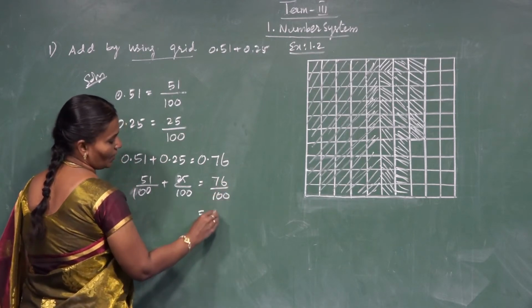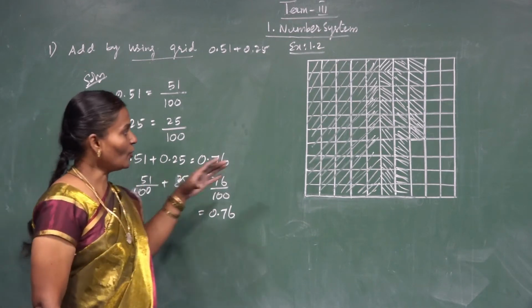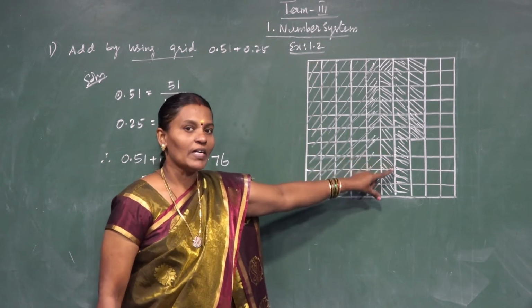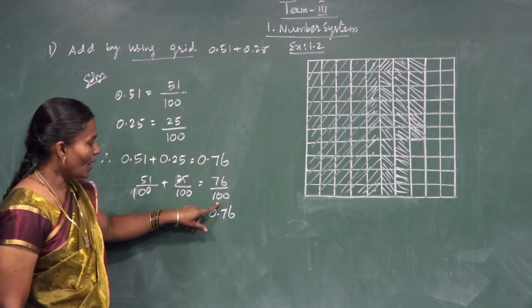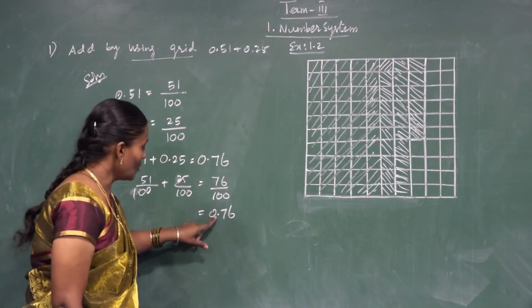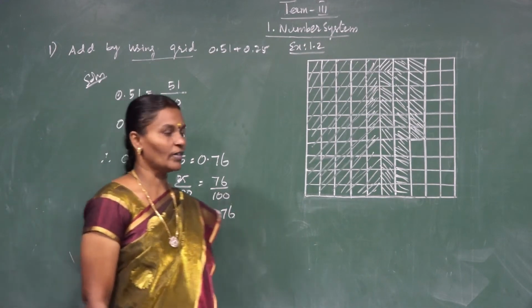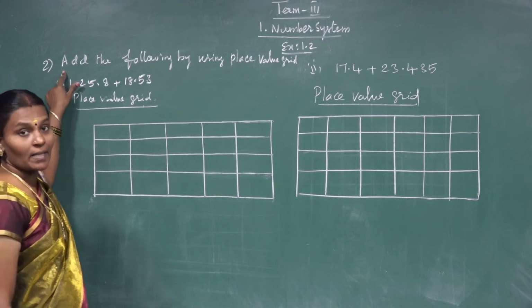So 76 by 100 means 0.76. Out of 100, we shaded totally 76 boxes. So 76 by 100 is equal to 0.76. Understand, children? Good.